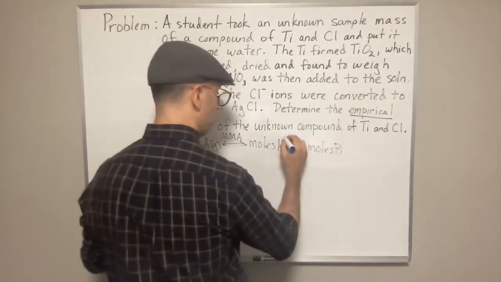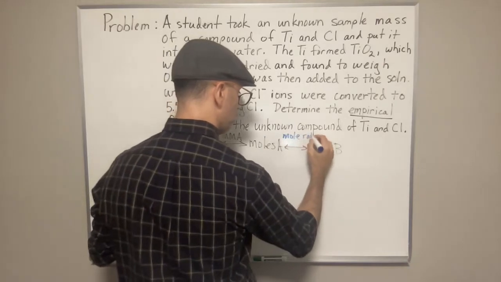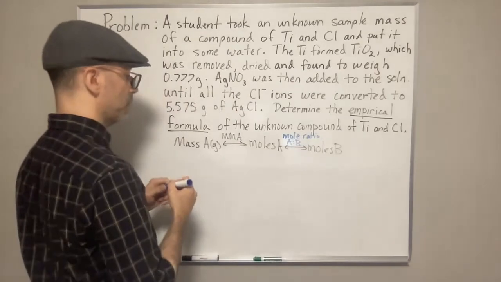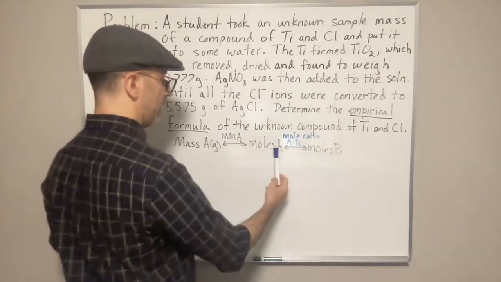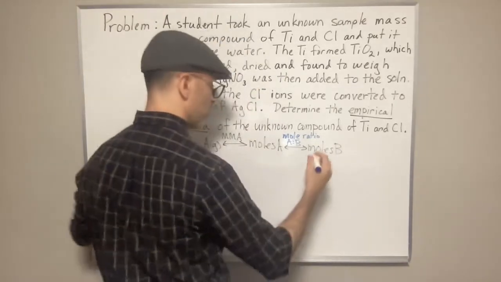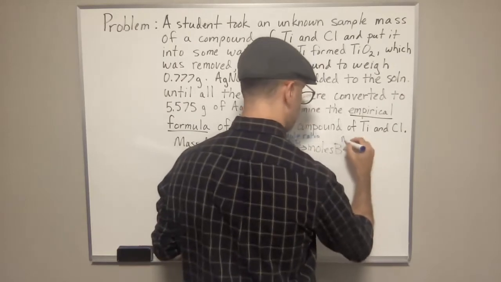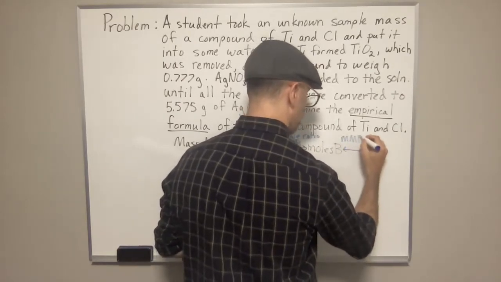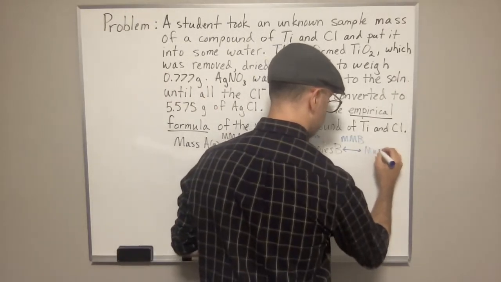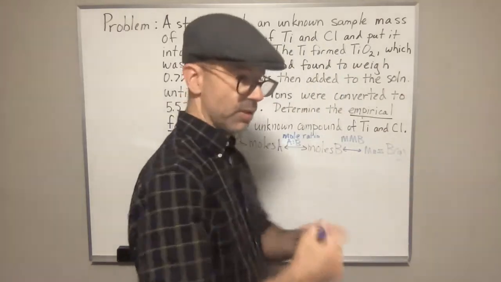To get moles of B, we're going to use the mole ratio between A and B. And then to go from moles of B to mass of B, you're going to use, again, the molar mass of B, to get mass of B in grams.